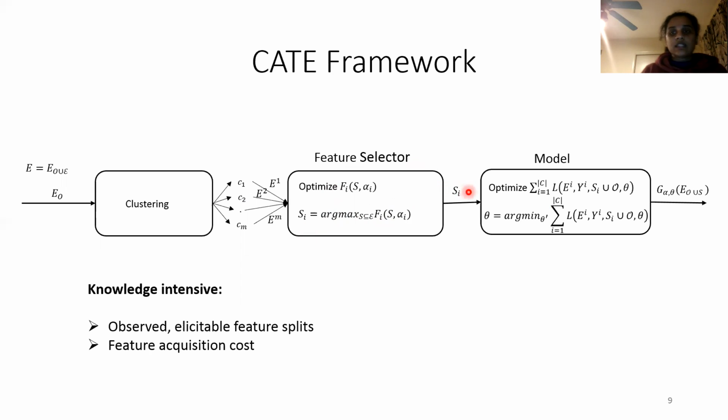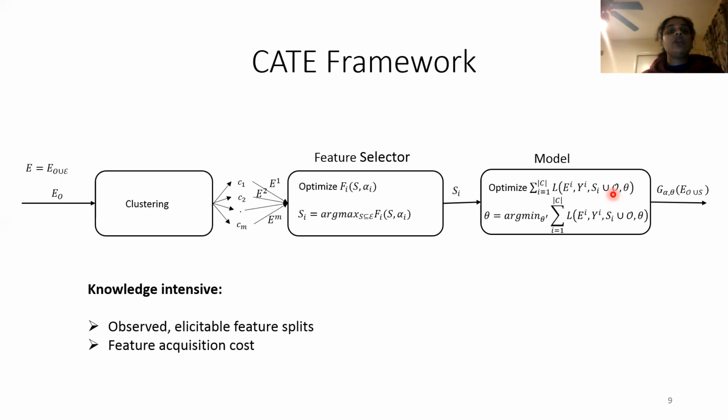Once that is identified, the model optimizes a typical loss function using just the elicitable features along with the observed feature set. The interesting thing here is that not all the features are used for the model optimization, but just the elicitable features and the observed features. And this loss function is pretty general, and it can be anything ranging from log likelihood to squared loss, depending on the task at hand.